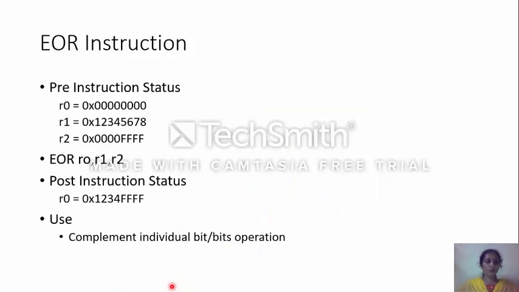So this is the total execution of the exclusive OR instruction. Pre-instruction status is the same as the previous, for the same example we have taken for AND and OR operation. Here the syntax is EOR, XOR. It will perform the XOR operation on R1 and R2. The result will be stored in R0.